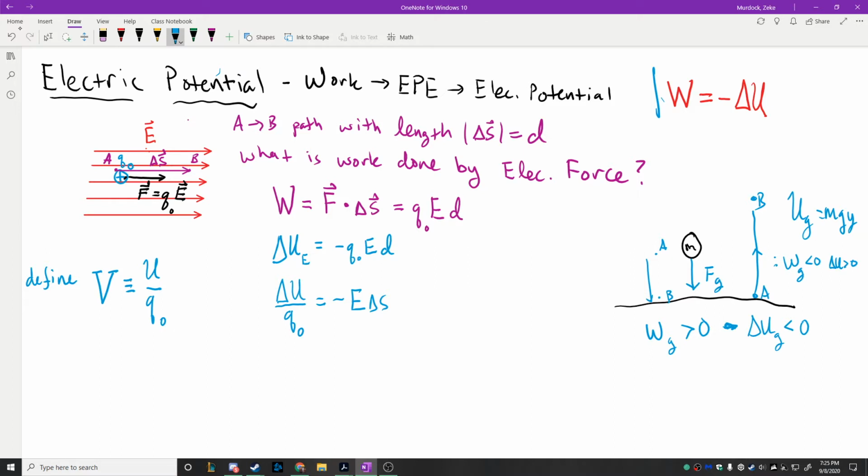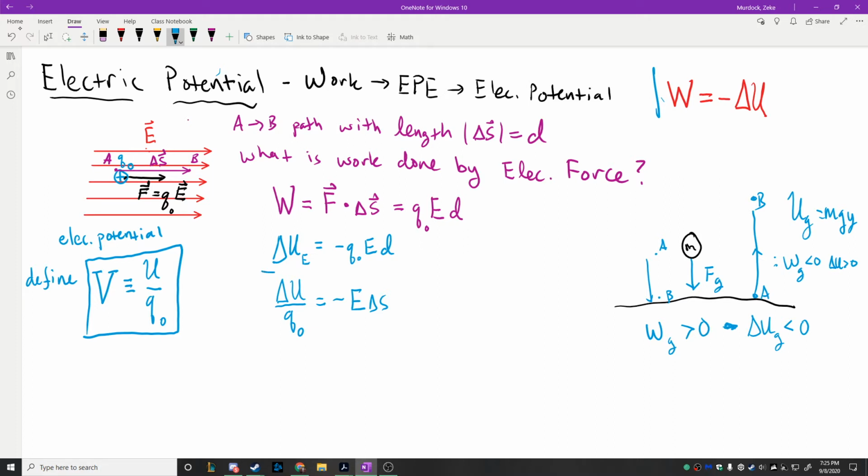So we're going to define electric potential to be the energy divided by the charge. It's the energy per unit charge. That's what electric potential is.